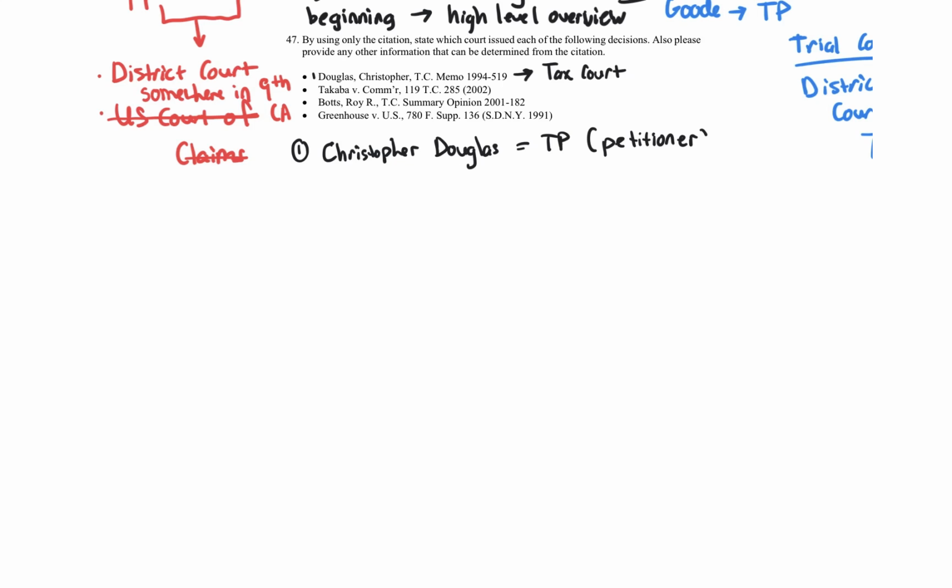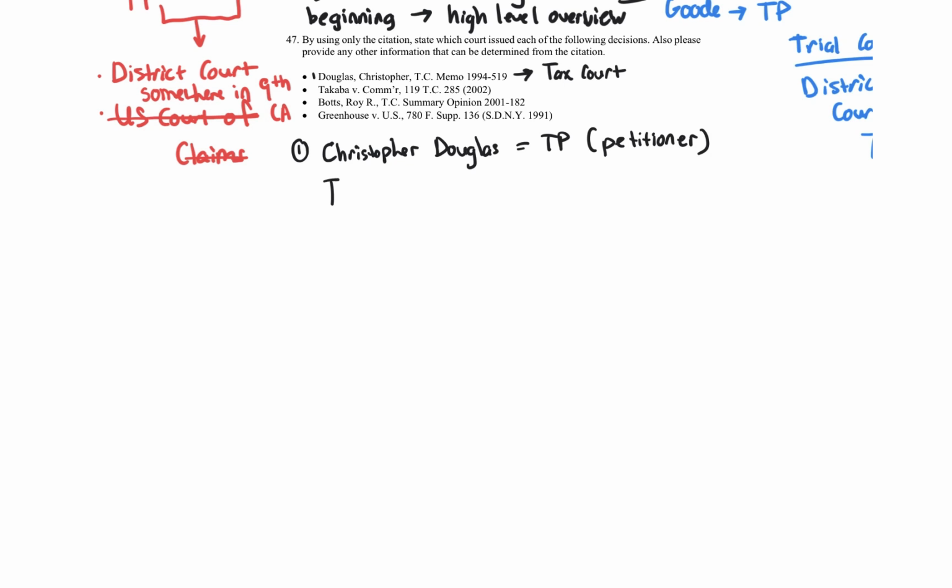Always the petitioner in a tax court case. The Commissioner of Internal Revenue, which is a representation of the government, is the respondent in a tax court case. In a TC memo, we don't put the second party like that in an official citation. So we just know that Christopher Douglas is the taxpayer, and of course we know the IRS is the other party because it's a tax court case, implied.